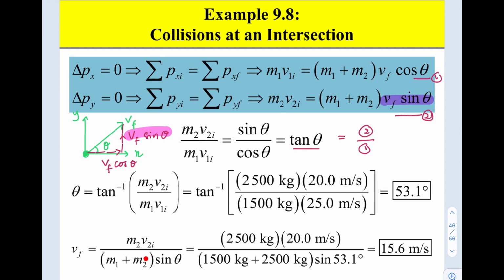Using the second equation, equation 2, substitute theta with 53.1 degrees. Then you figure out V final for both of the cars: 15.6 meters per second. It can also be done using equation 1, no problem.